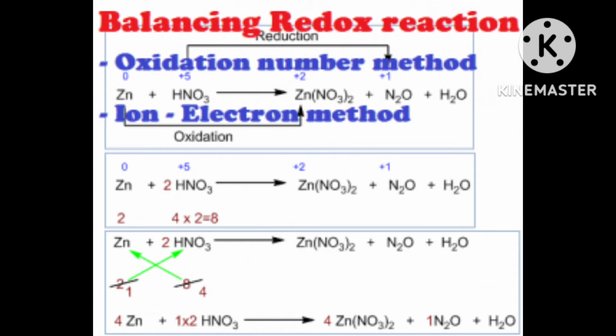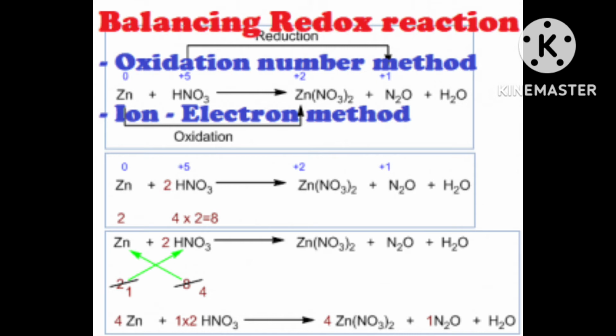Then the total negative charge is 40, and on the right side, if you calculate, how much negative charge?